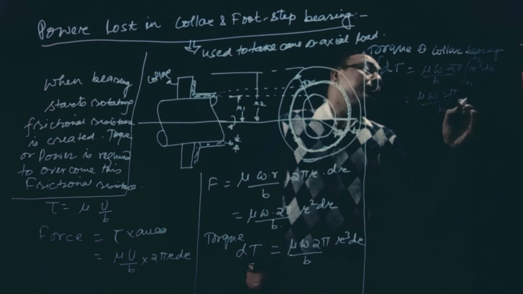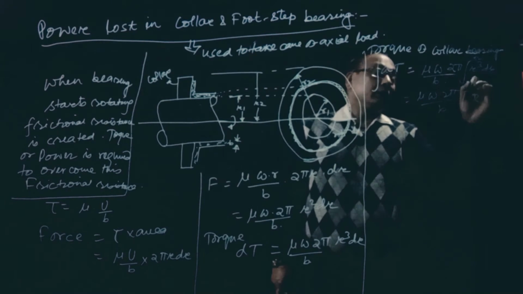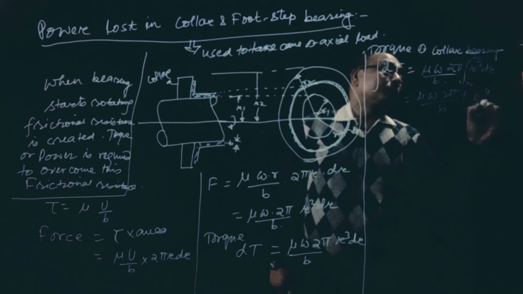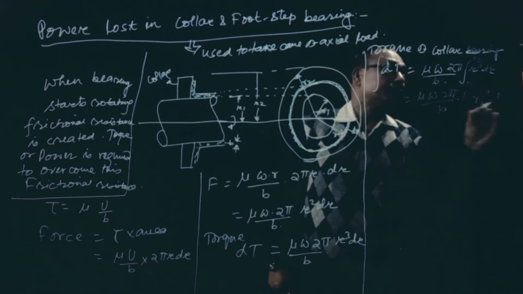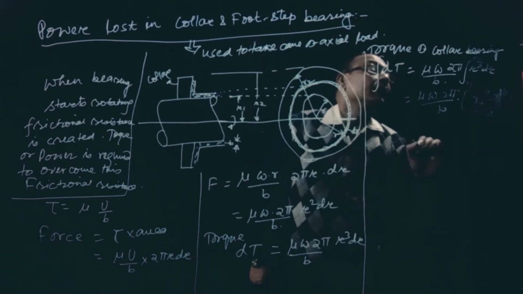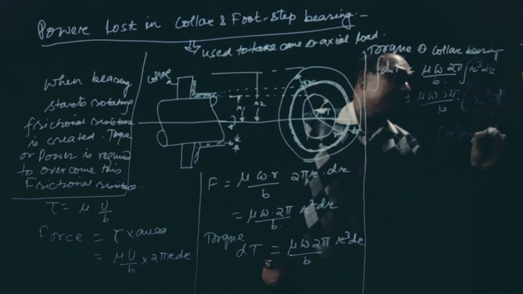So it will be r2 to the power 4 minus r1 to the power 4 by 4, because here integration of r cube dr is nothing but r to the power 4 by 4.